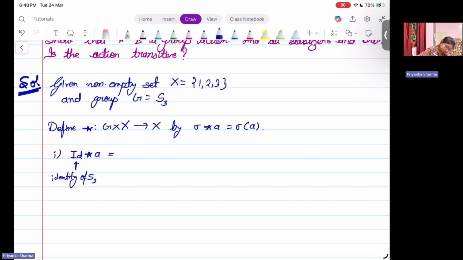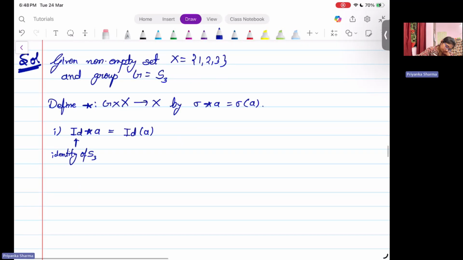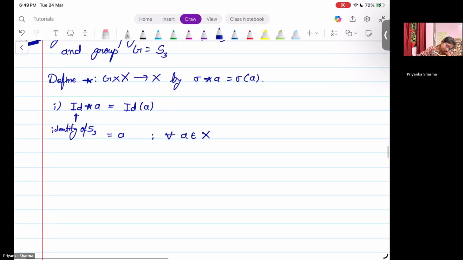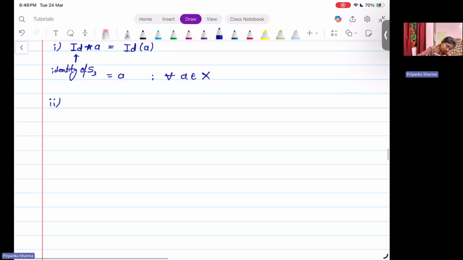This will be identity of a, which is a, for all a belongs to X. Okay, so this is the first condition, which is true.